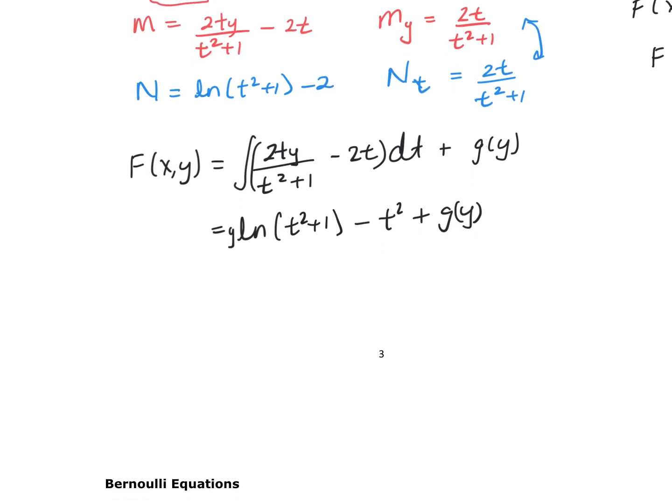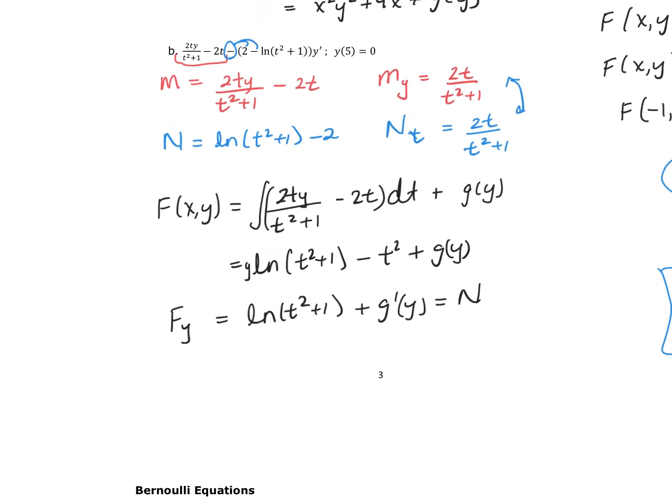Now we know our next step after we integrate this, which seems counterintuitive, is we take this derivative with respect to y. In this derivative with respect to y, the natural log of t squared plus 1 is a constant. The derivative of t squared is 0. And then I'm going to get plus g prime of y. And we know this must be equal to n.